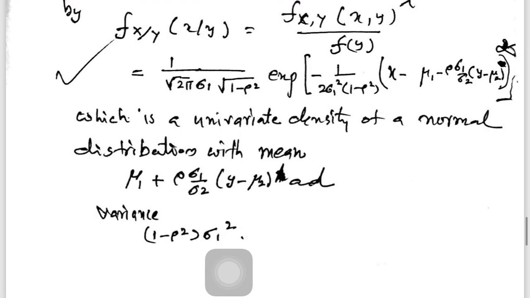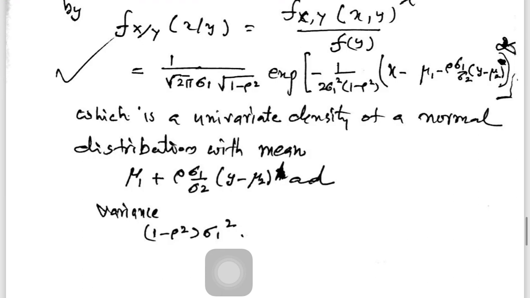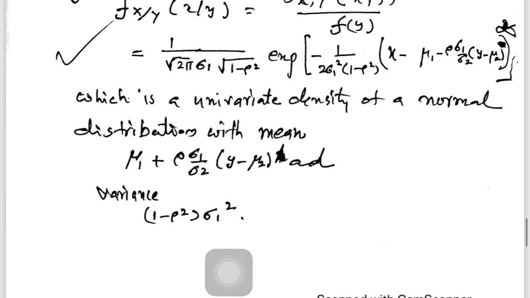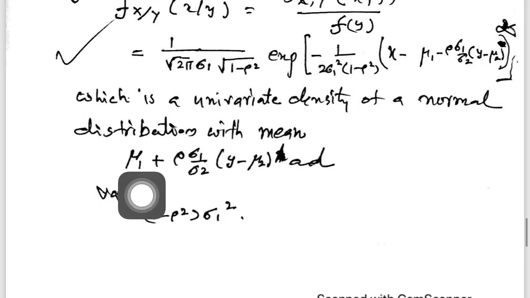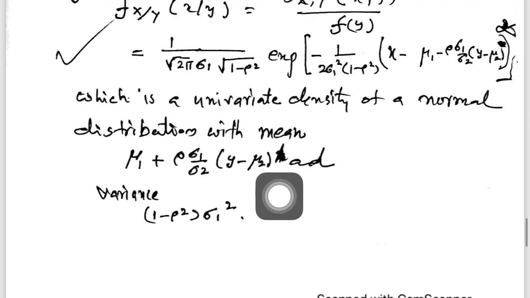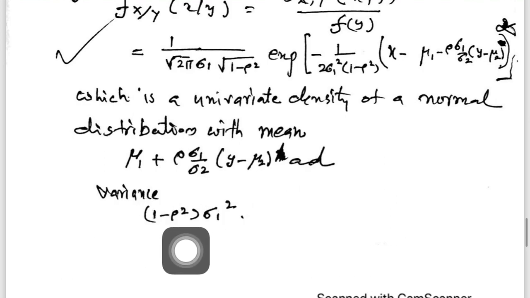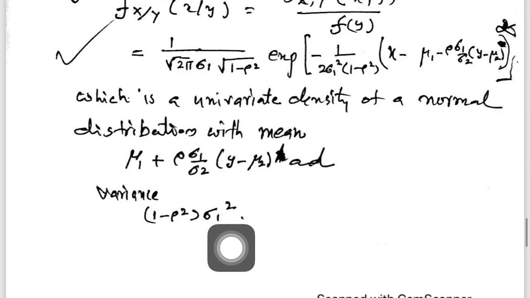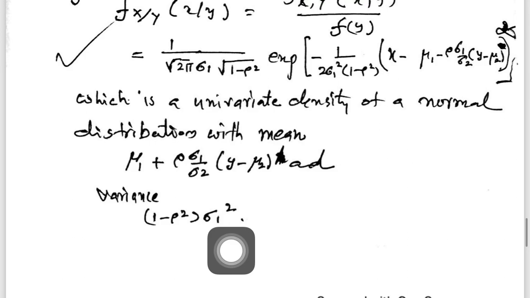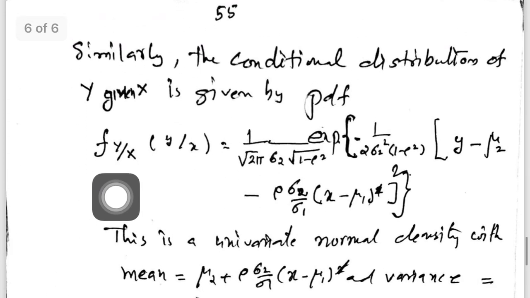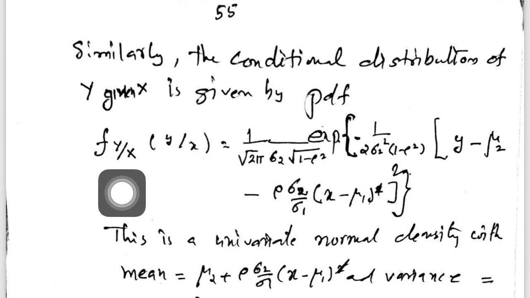So by identifying with this form of density, you can easily deduce the mean as mu 1 plus rho into sigma 1 by sigma 2 into (y minus mu 2), and variance 1 minus rho square into sigma 1 square.